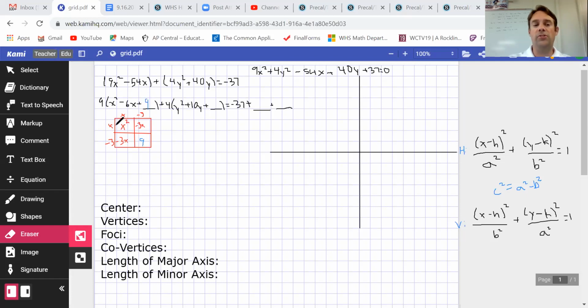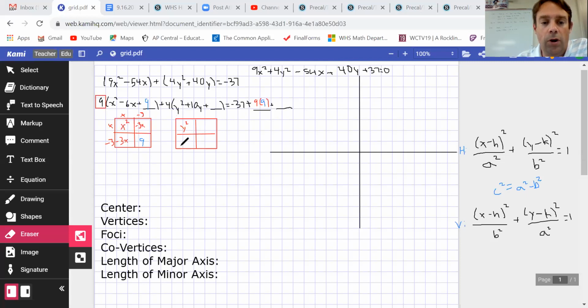But remember that this isn't just a positive 9. We had a 9 on the outside too. So this positive 9 really isn't a positive 9. It's actually a positive 81 because it's a 9 times 9. We're not just adding a 9 to the other side. We have to add in 9 times 9. And friends, we've got another one here we have to deal with as well. So let's just draw our square for that one. We have our y squared.